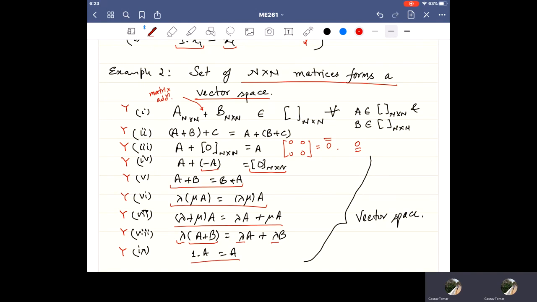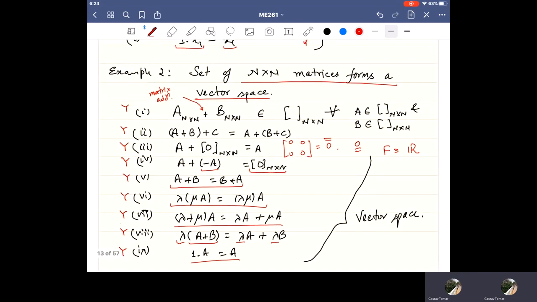Now here clearly the field that we have used is real, okay? In this case, it's defined. We could have used complex also, but then we'll be talking about the elements of A being complex. That's the only difference it will make, right?